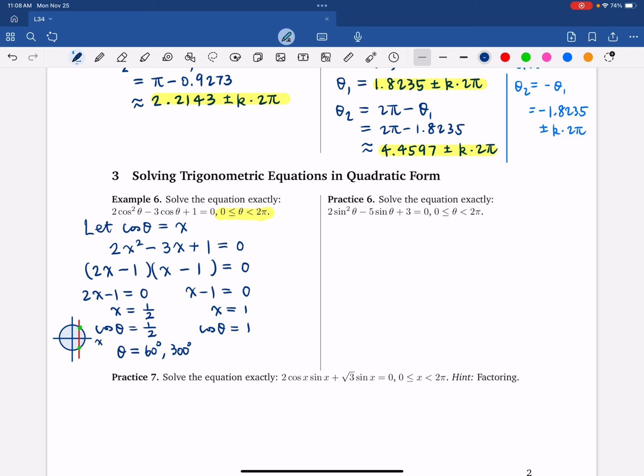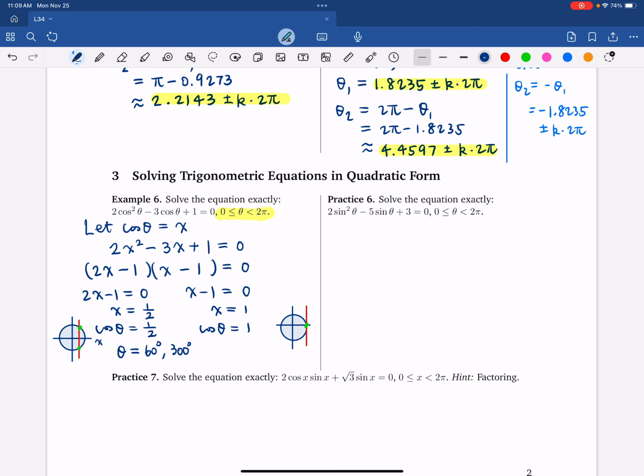And then for the second equation, we're going to do another unit circle. And the x-coordinate this time is 1, which means it has to be right here because the radius of the unit circle is 1. And we just have one solution right here. And that is either 0 degrees or 360 degrees.